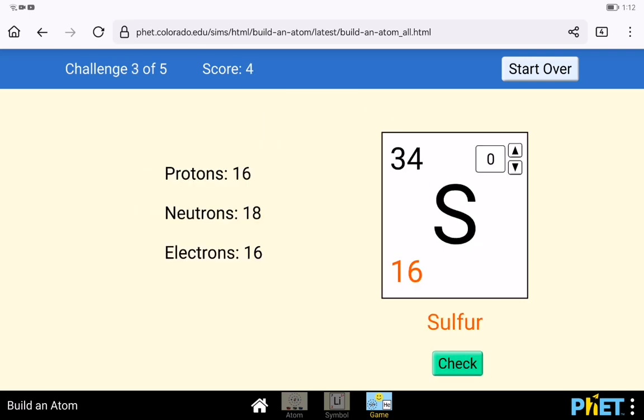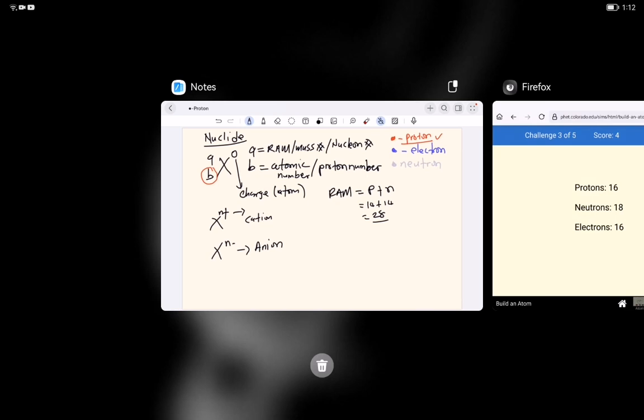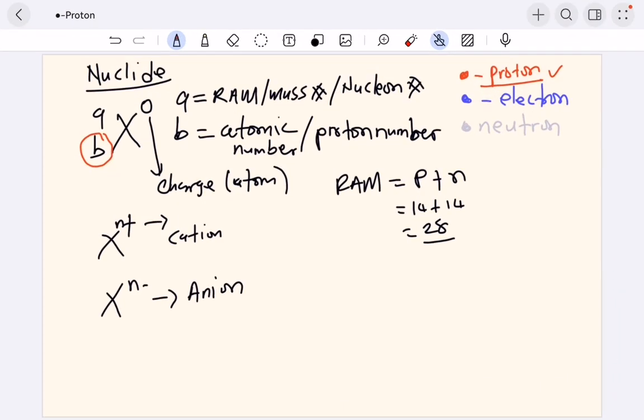The next question, we are asked to find the charge. Whenever you're asked to find the charge, the key is that when P is equal to E, it means that you're dealing with an atom, therefore the charge is 0.